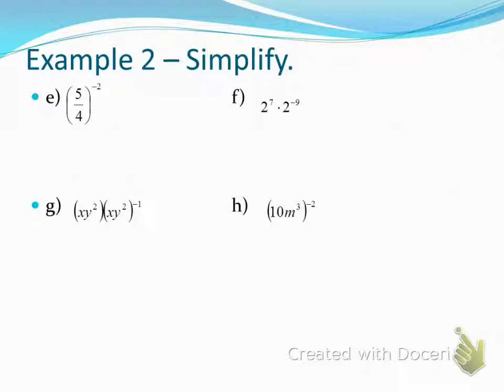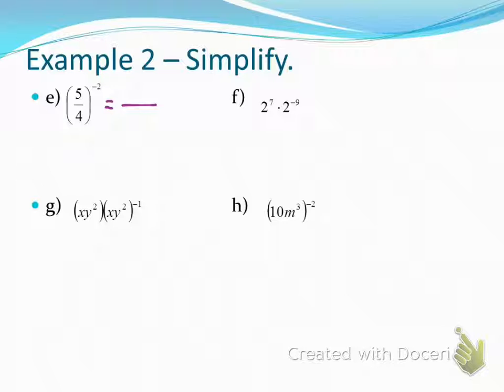On letter E. On this one, technically you could get rid of your negative exponent first. However, when the negative exponent's outside of parentheses, that makes it a little tricky. So I would get rid of the parentheses first, then worry about getting rid of your negative exponent.